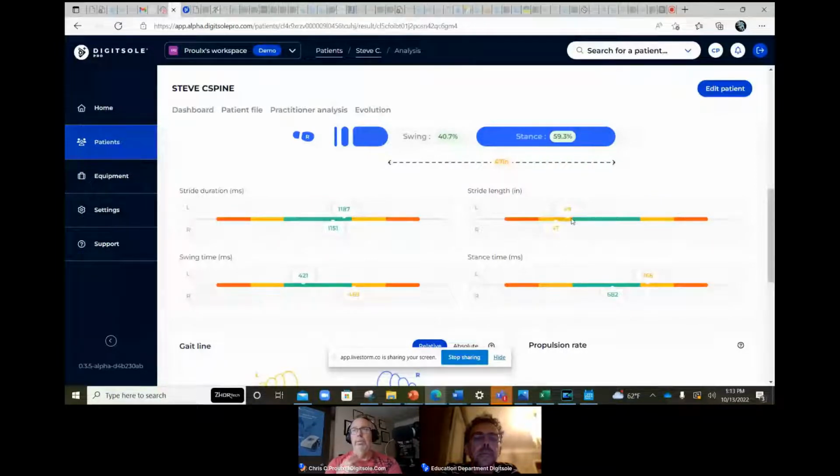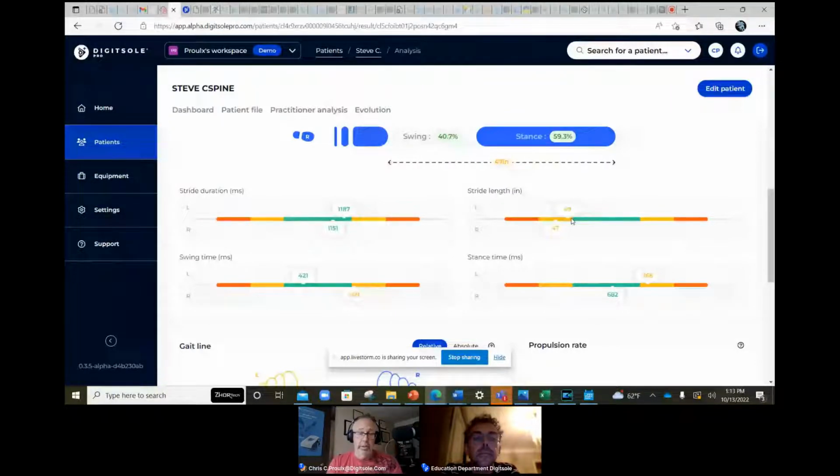So from a pathological profile, what that means is he's taking some normal time in terms of his stride, but it's not the right distance. It's not the right length. He's inhibited a little bit. And again, that's probably because of his condition.